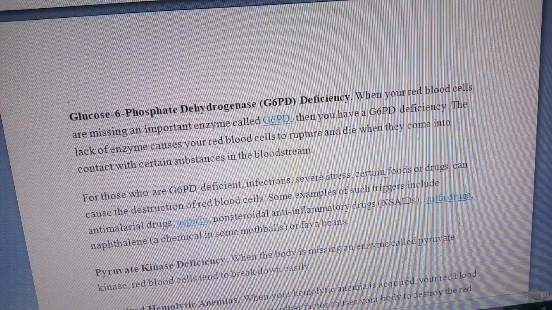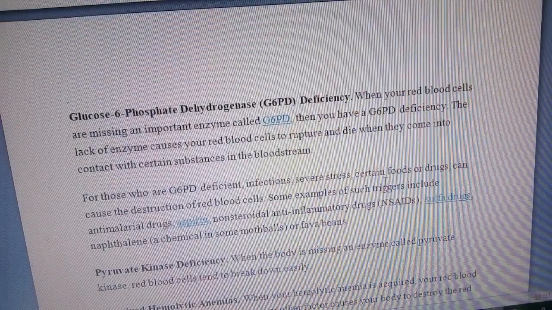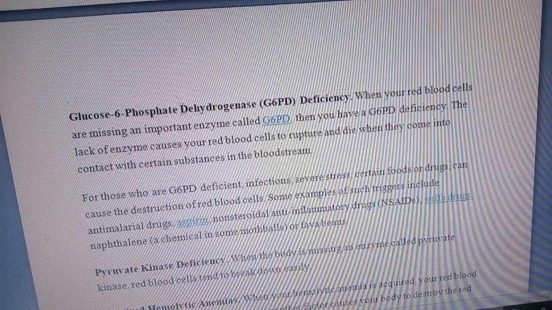Now, glucose 6-phosphate dehydrogenase. What is glucose 6-phosphate dehydrogenase? G6PD deficiency.